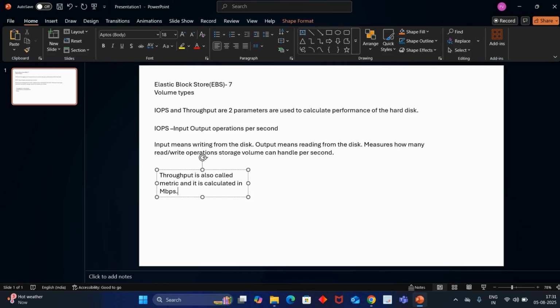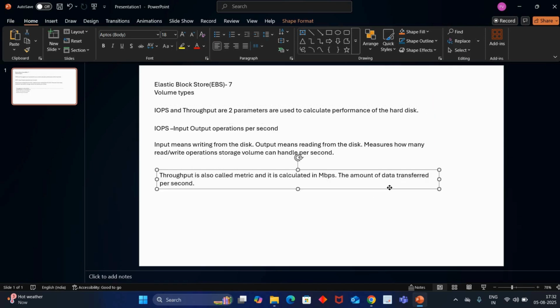So how does it calculate? It is the amount of data transferred per second. This is called throughput.